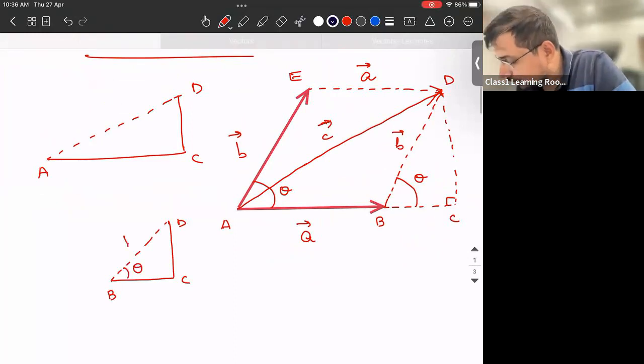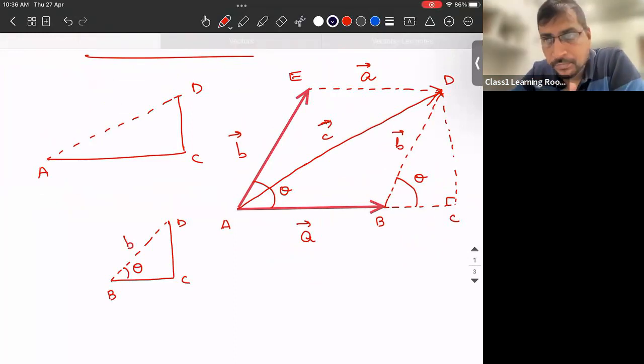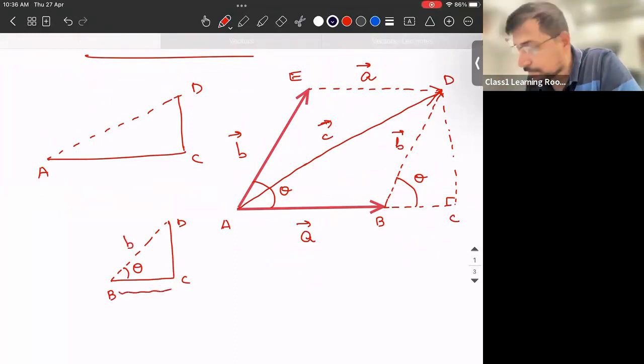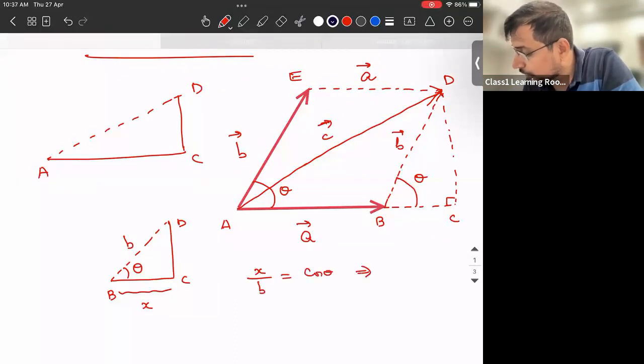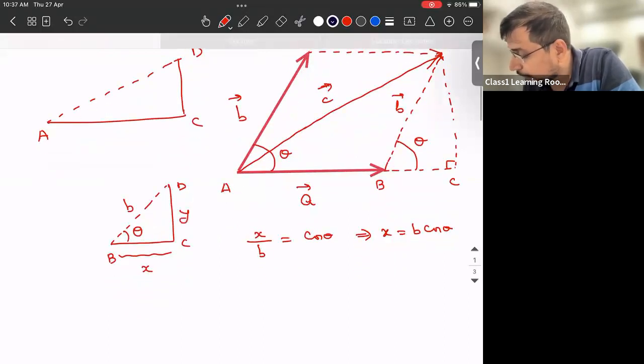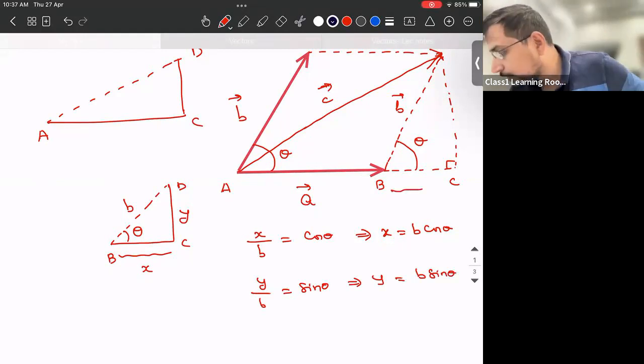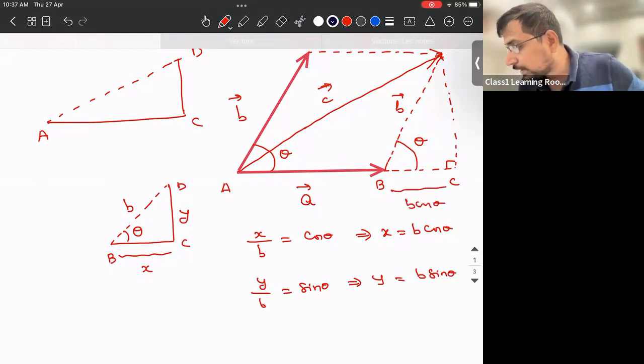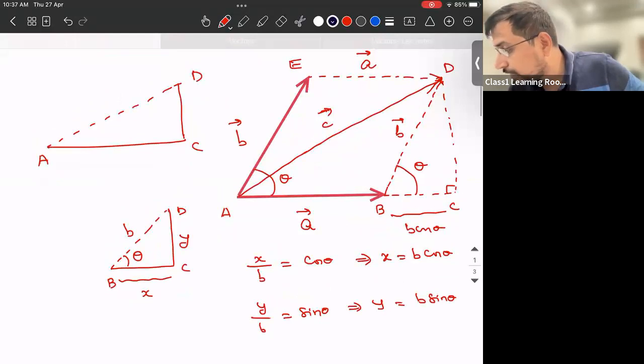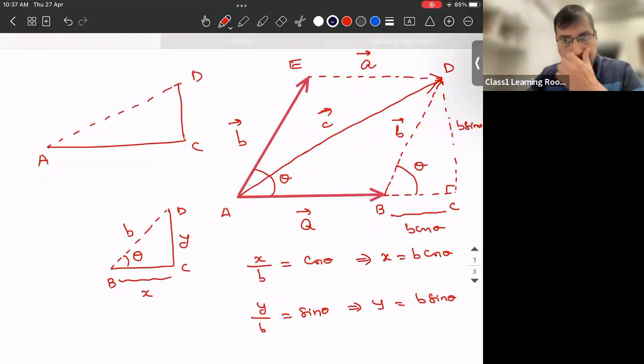This is going to be B. If I take this to be X, then X divided by B is equal to cos theta, which implies X is equal to B cos theta. Similarly, if I take this to be Y, Y divided by B is sin theta, which implies Y is equal to B sin theta. So this distance is going to be B cos theta, and this distance is going to be B sin theta. Hope I'm clear.